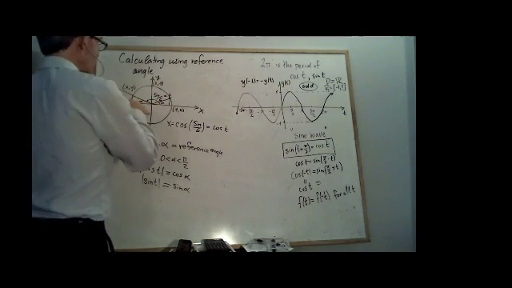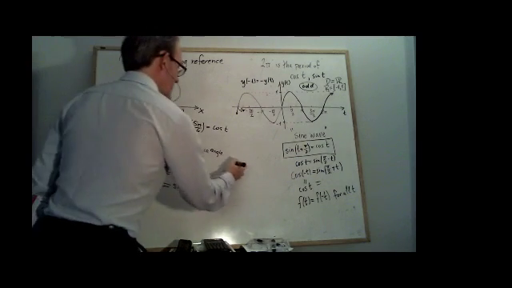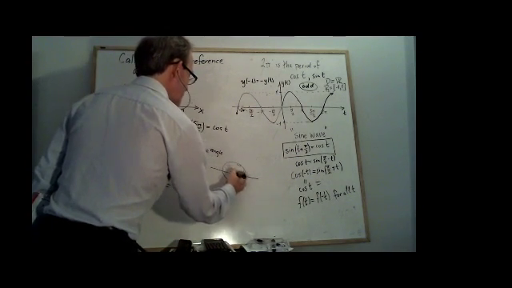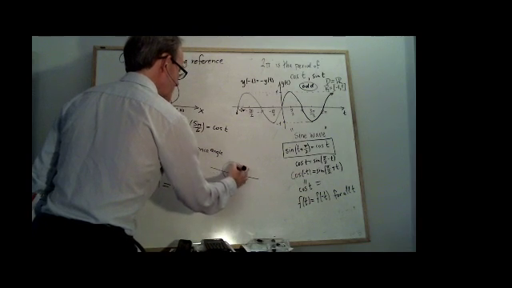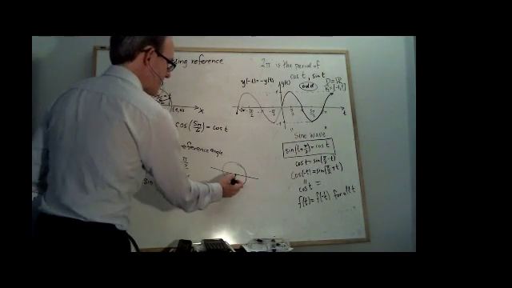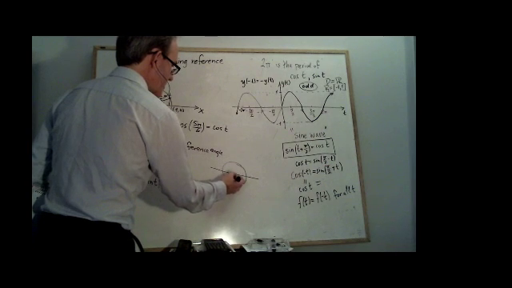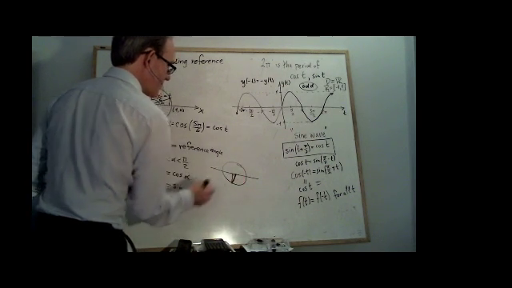So wherever the reference triangle happens to be, that's an example for the second quadrant. Now the third quadrant: here's the reference triangle, and the reference angle is right in here.